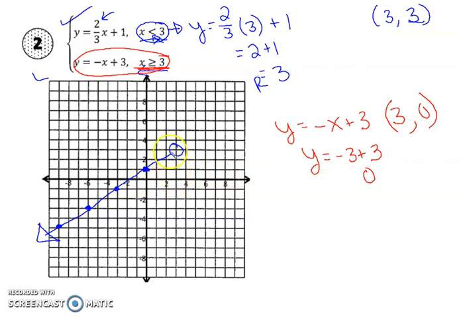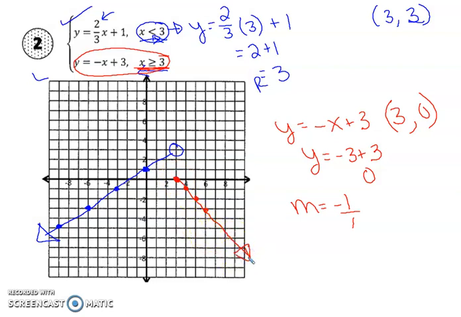And is it open or closed? It has a line under it, so it's closed. And my slope of that is negative 1 over 1. And I want to go this way, right? Because I'm trying to do bigger than 3. Down 1 over 1. Down 1 over 1. Sorry.